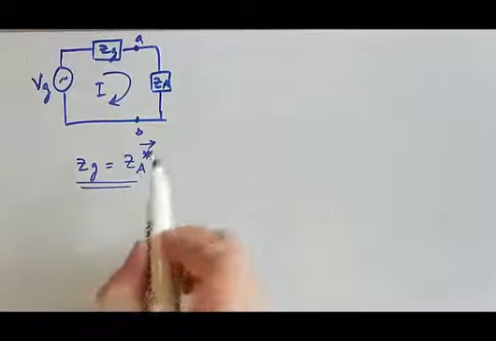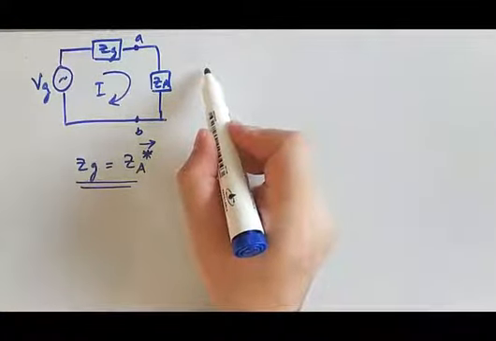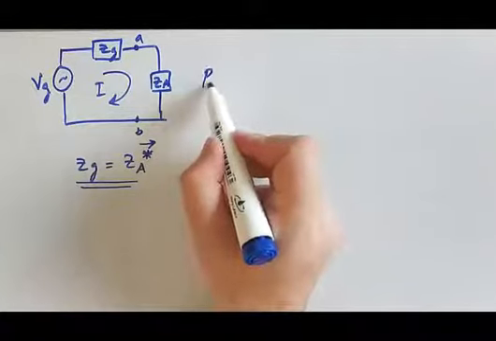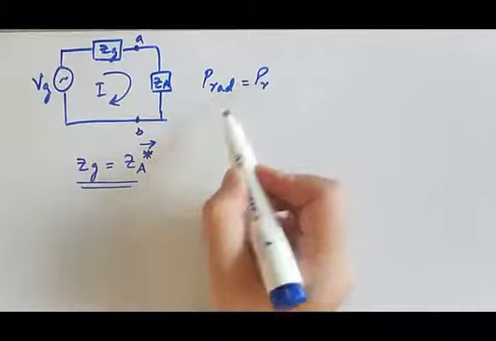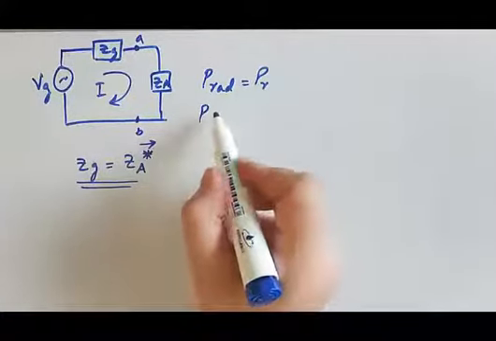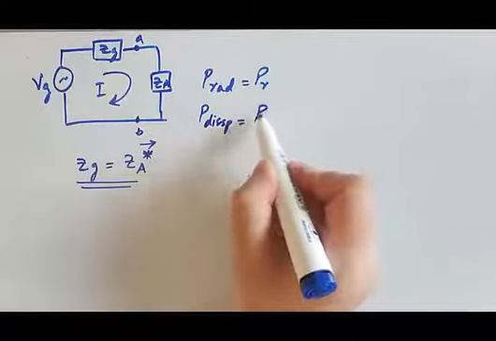While finding the different powers, we found three of them. One was the radiated power, which we denoted as PR. Then we found the dissipated power, denoted as PL.